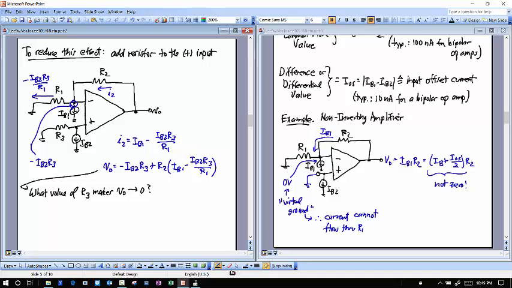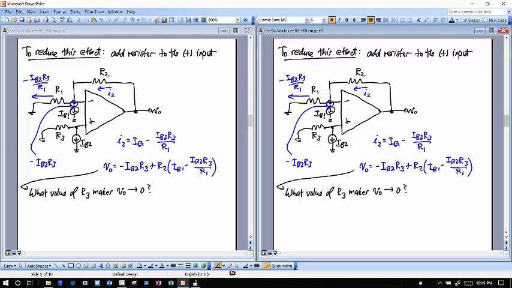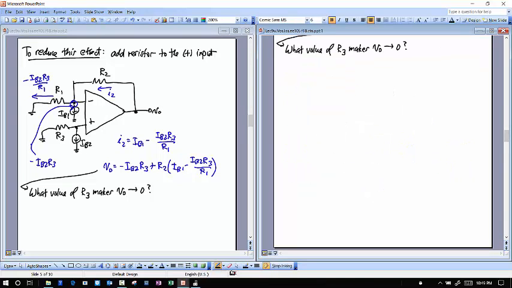Okay, so let's take the simple case where we have no offset current. So the only current going in is just the average current I sub B, or common mode current I sub B. Okay, so let's take that case. In other words, IB1 in this case equals IB2 equals that average value IB.